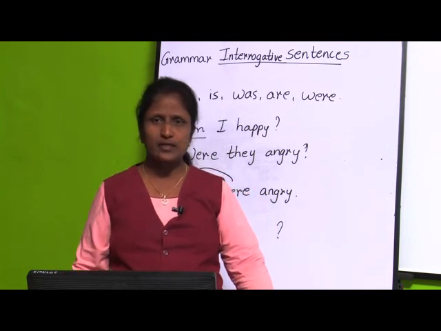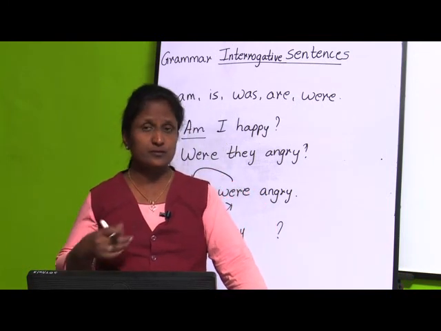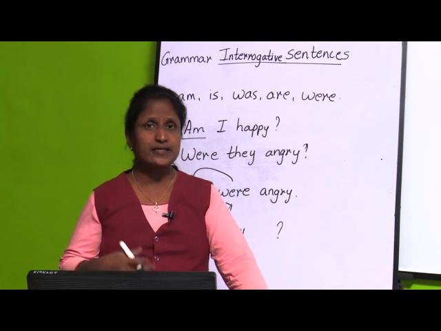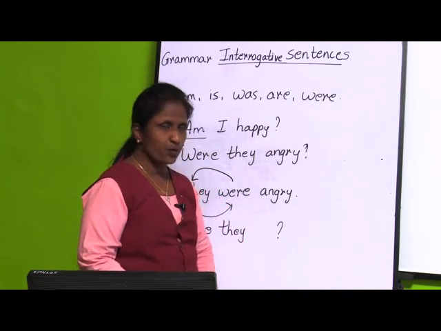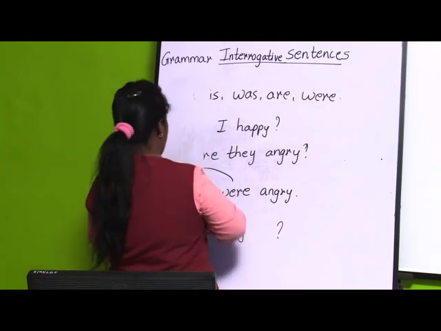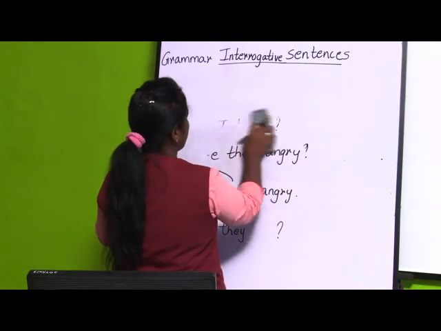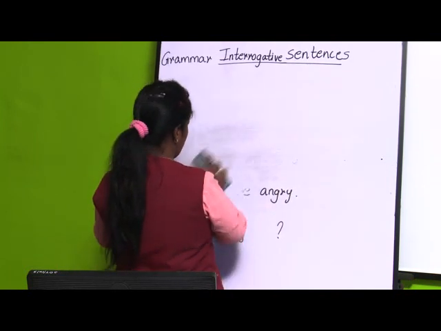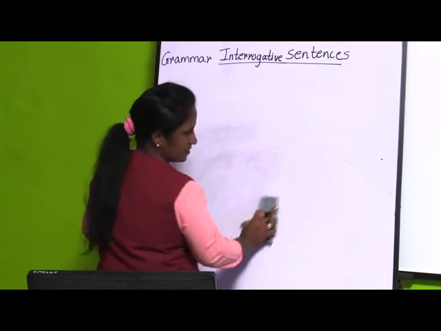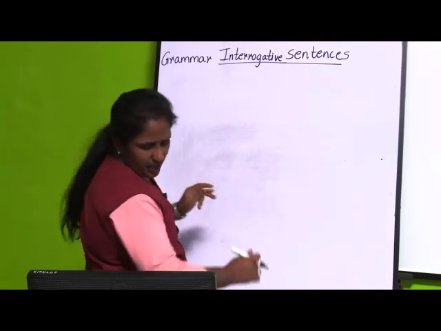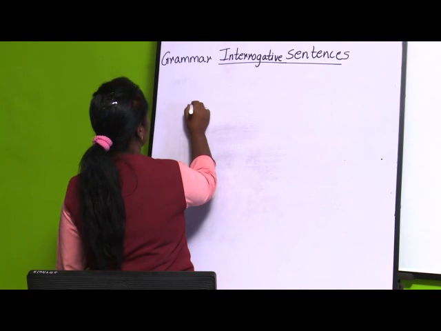Now if you are talking about sentences in which we have verbs like have, how are you going to form an interrogative sentence? We will see now. See, "I have a pen."